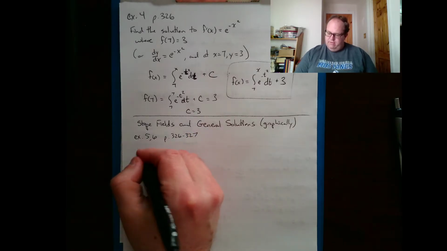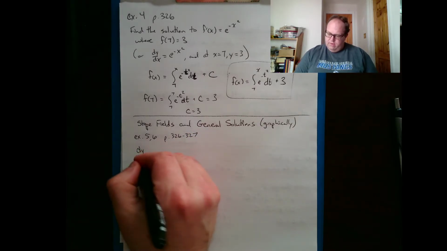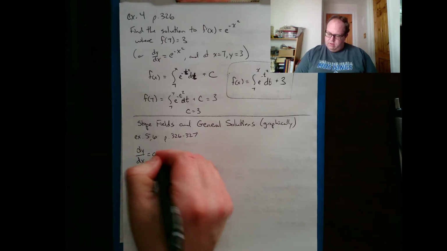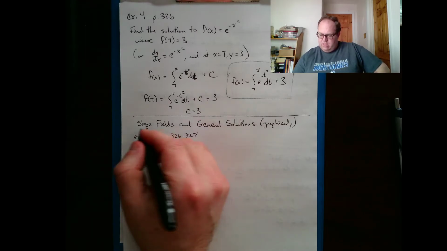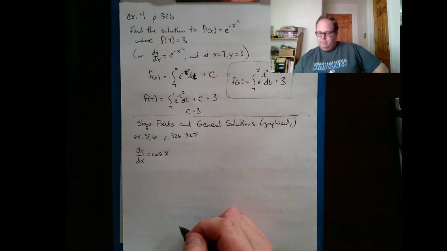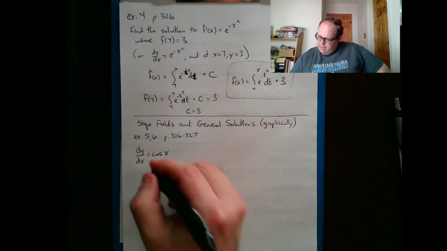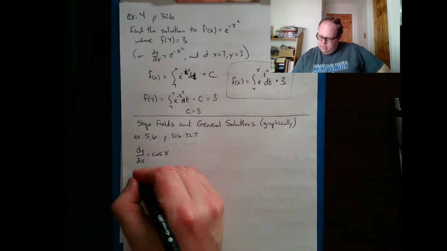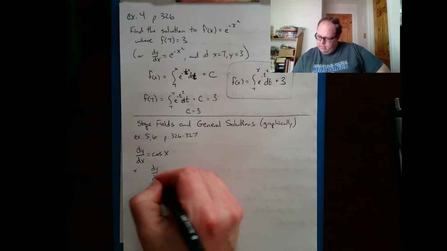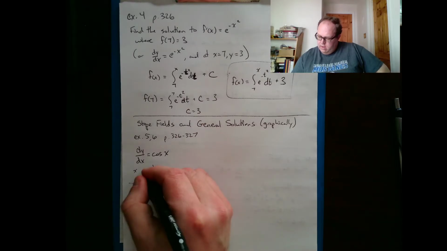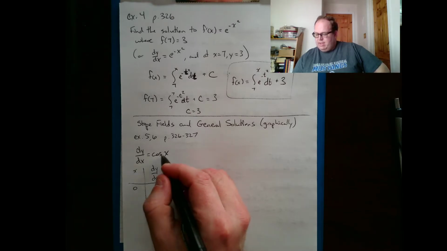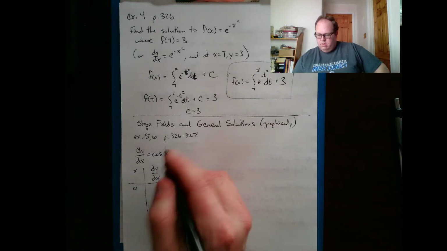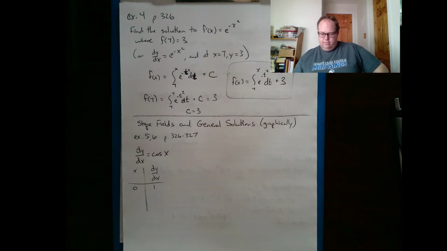In these, we are given the differential equation dy dx equals cos x. And the first thing I'll show is us constructing what's called a slope field based on this. So if I take a look at a table of values for this, x and dy dx, I know that when x equals 0, dy dx is equal to cosine of 0, which is equal to 1.